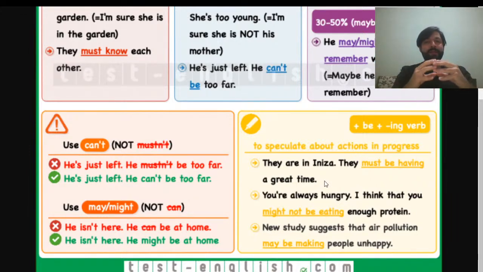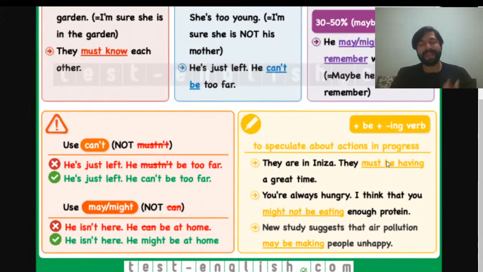These two words must be together to form a continuous, gerúndio: ando, endo, indo. If you don't have one of those, this is not the present continuous or the past continuous or the future continuous. So you must have both. In this case, we have be, having, and must is like protecting the verb be. So they must be having.